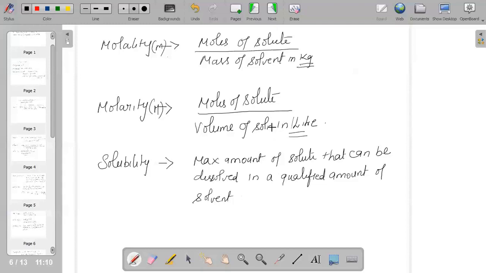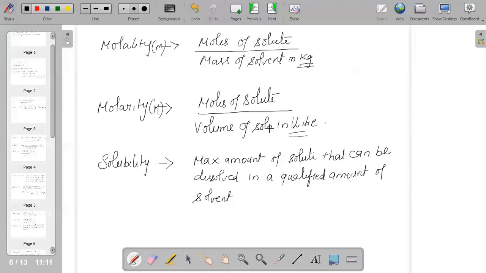The solubility property depends on factors like the nature of the solute and the solvent, and the interaction between them: what type of solute and solvent we have considered, and how strong their interactions are.